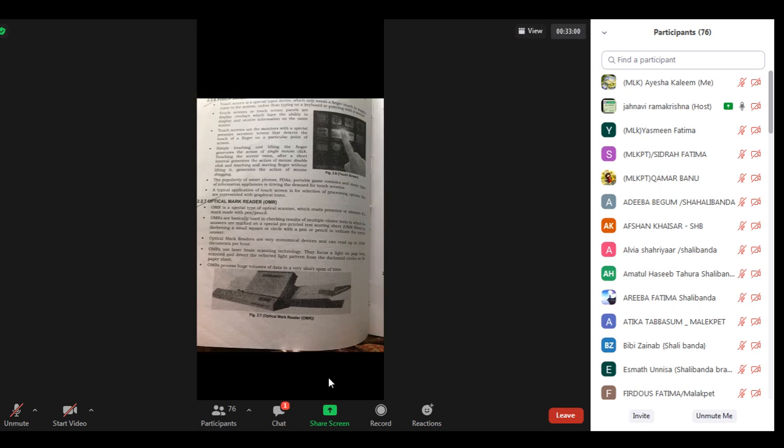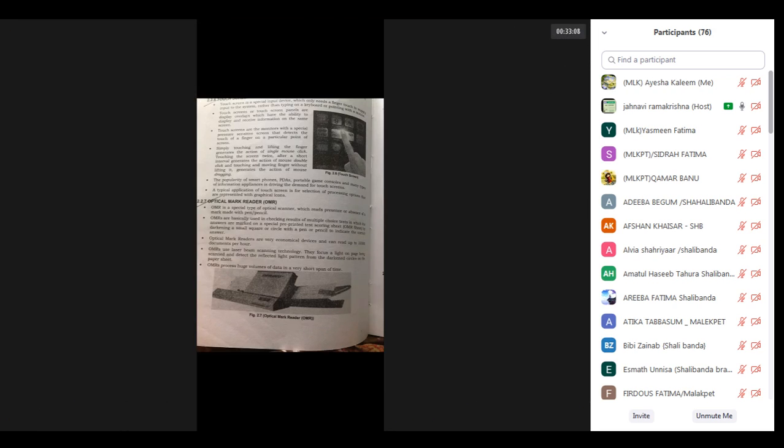Okay, so optical mark reader, and they are basically used in checking results of multiple choice tests. Most probably it is used in entrance examinations at the most. OMRs are not for normal things, no evaluation. It's like MCQs, multiple choice questions, where the student facing the exam has to make an option out of 3 or 4.